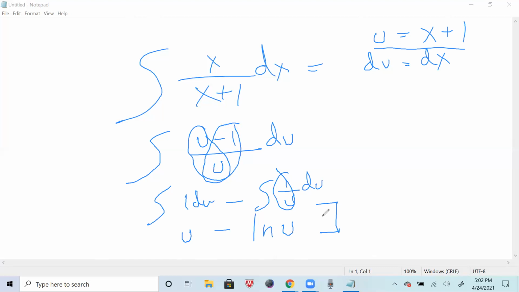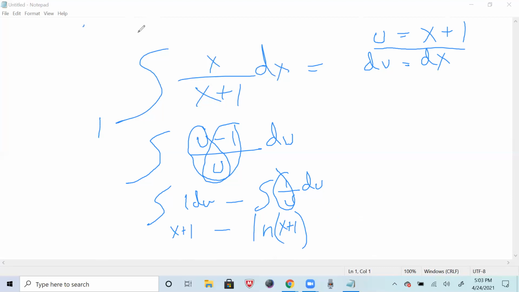But the other way to do it is just before you actually evaluate the answer, you go back and resubstitute. So instead of u, it's x plus 1, and instead of the natural log of u, it's the natural log of x plus 1. Because I went back and changed it into a function of x instead of u, I can use the old limits of integration.